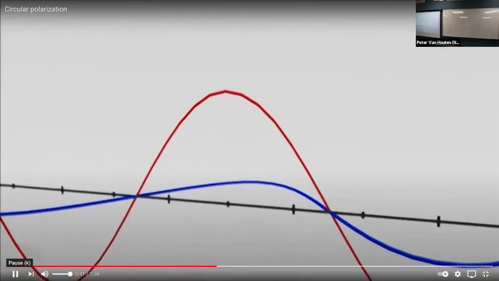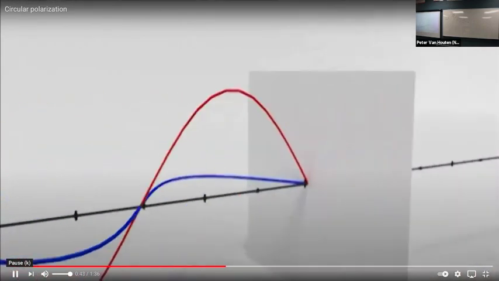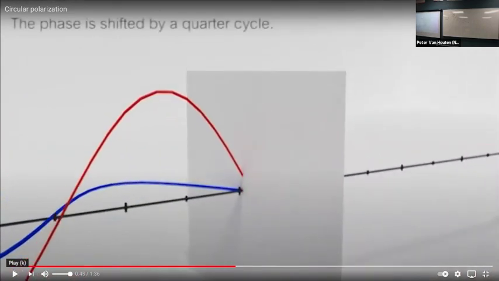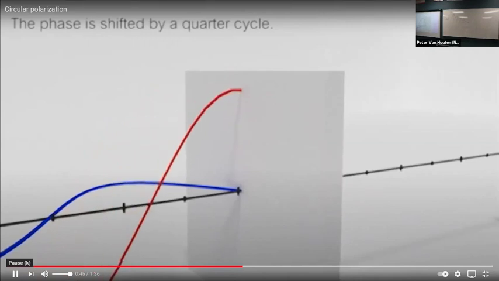One is coming like this, the other like this, and this one is the resultant that is at 45 degrees. It's just moving on a 45-degree plane. Keep on going. Okay, now look what happens. Stop it there.